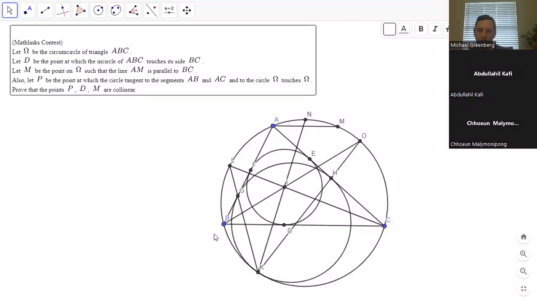Okay. So can we show the ratios CD over CK is AB over AK? I guess that's the question. So CD over CK, that's CE over CK.